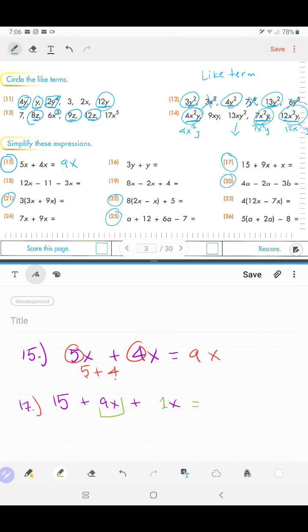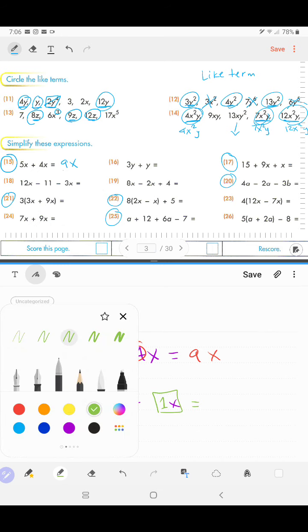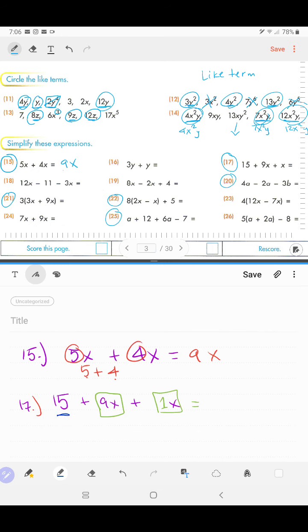And then you've got 9x and 1x are like terms. 15 does not have an x, so it's a different term. So 15 is going to go at the end because it's a whole number, and anything with a variable goes in the front. So you've got 9 plus 1, which is 10, and then x just goes there.